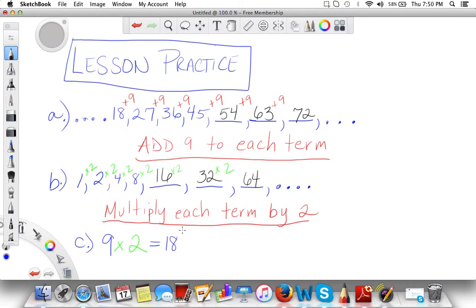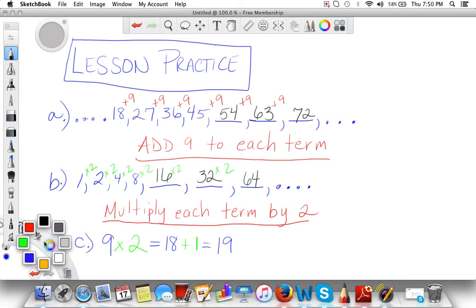But then it says add 1 to the answer. So I have 18, and I'm going to add 1. We're going green for the environment, so that's why we use green. And when I add 1, I'm going to get 18 plus 1 equals 19. And it says, is the final number even or odd?